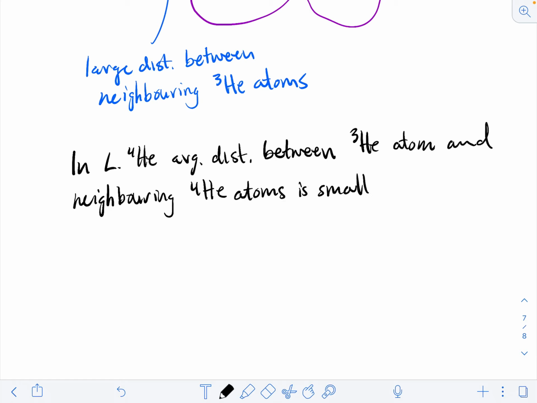And not only is that distance small, there are actually more neighbors to interact with. And if there are more neighbors to interact with, there's more strong binding due to the van der Waals force.